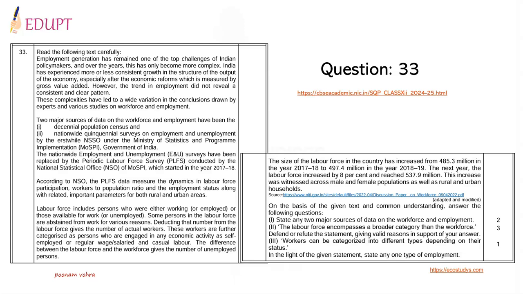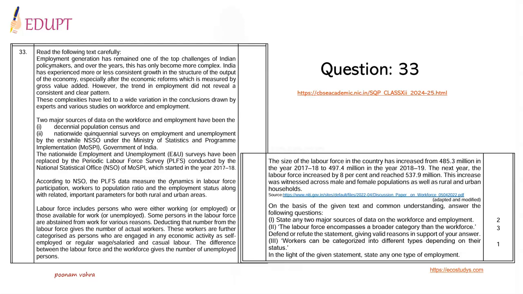The size of the labor force in the country has increased from 485.3 million in the year 2017-18 to 497.4 million in the year 2018-19. The next year, the labor force increased by 8% and reached 537.9 million.